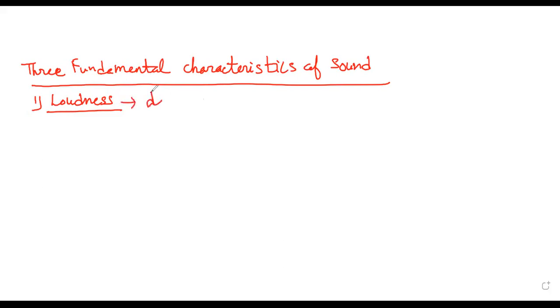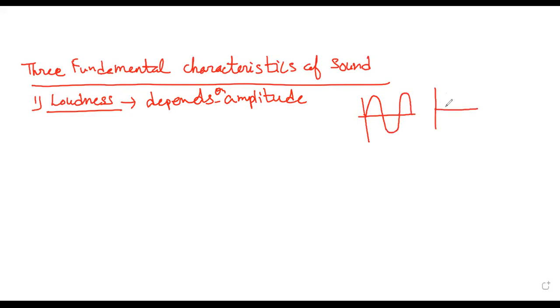But how will we come to know? Because it depends on amplitude. What I mean is, if I draw this way, one is this, right? And another is this.